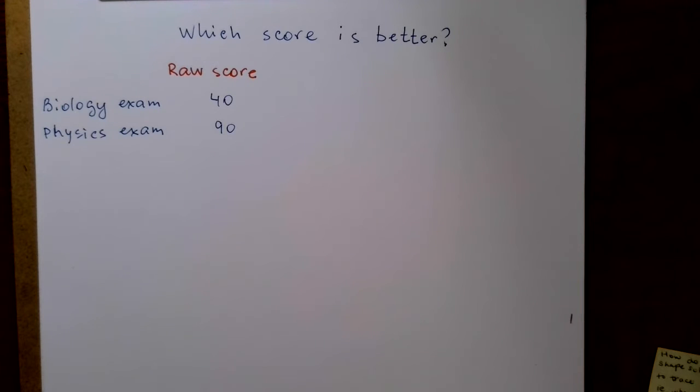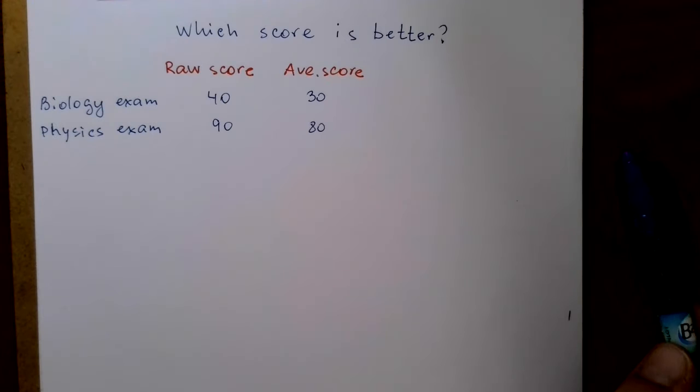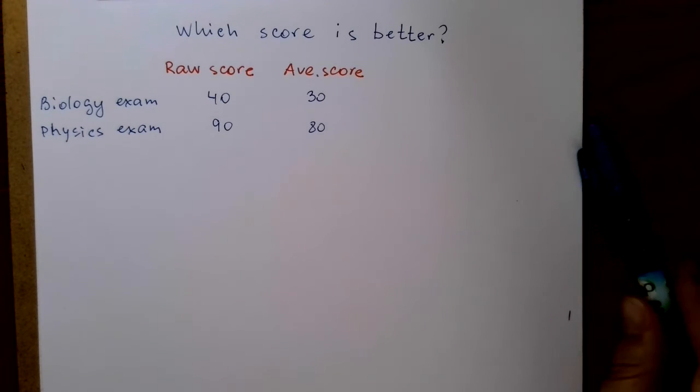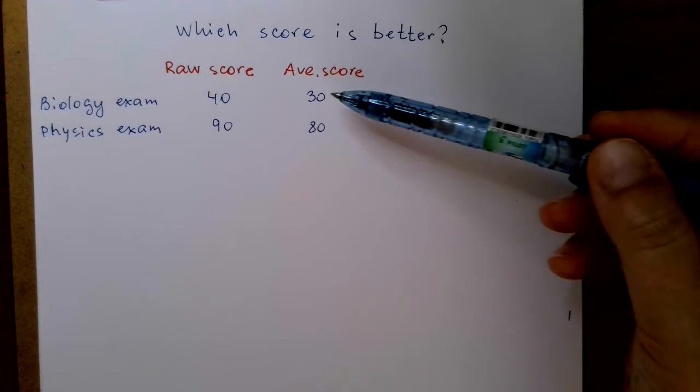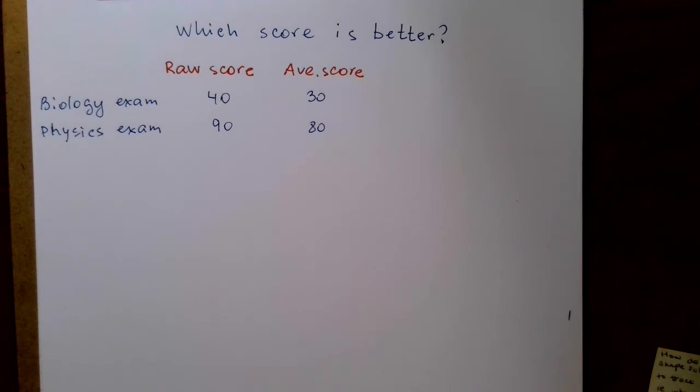If the exam is graded based on the curve, what's the average score? Did I do better than the average or not? Okay, so here I give you the average scores for each exam, and that is helping a little bit.